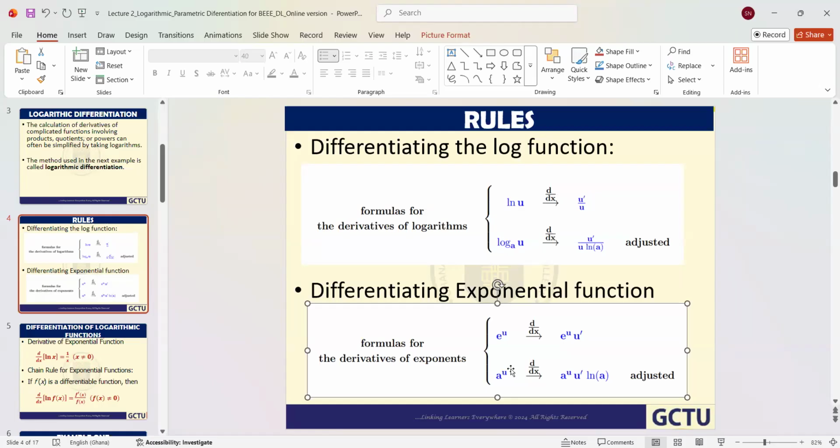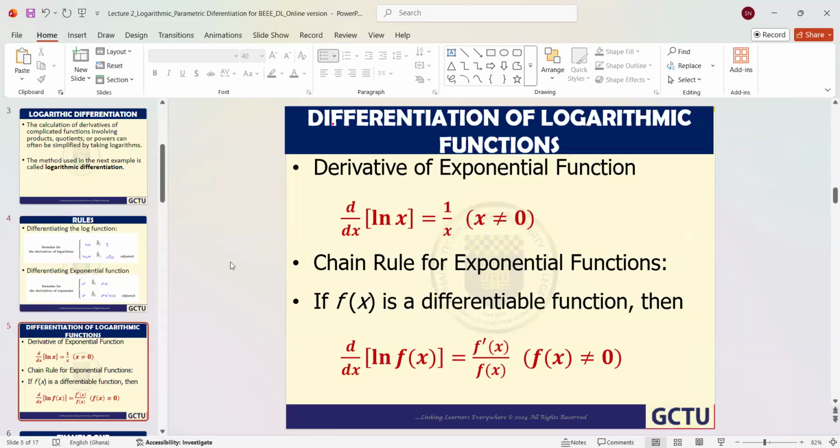If it's a number raised to the power u, then you differentiate u, that is u prime, times the original function, a raised to the power u, then times the natural log of a. It's almost similar to that of the log of u to base a. So these are basically the rules that we need.